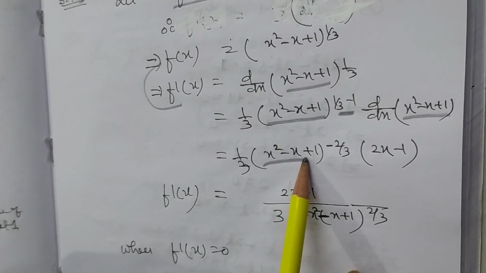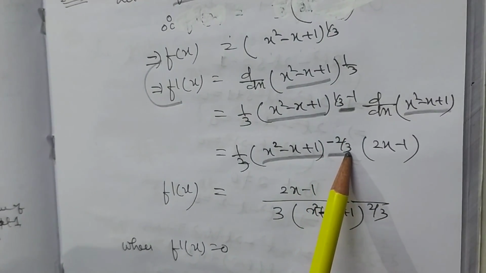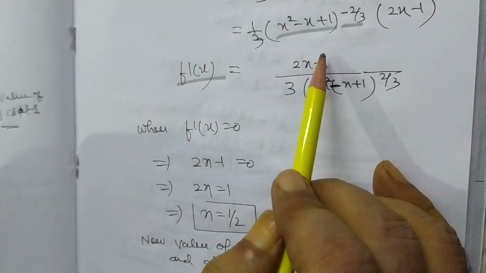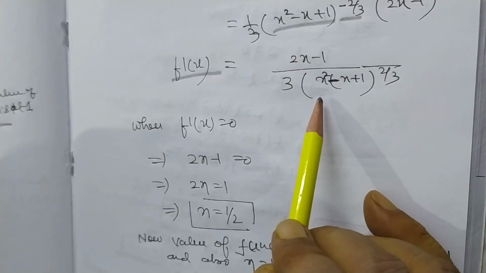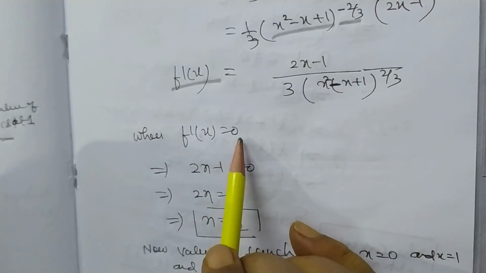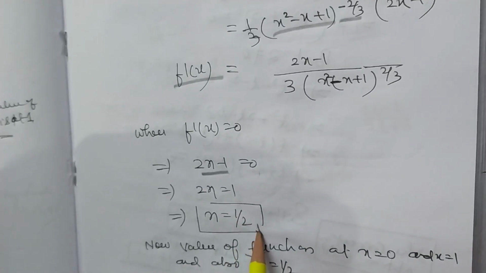So it is 1 by 3 (x square minus x plus 1) to the power minus 2 by 3, into (2x minus 1). So f dash x is equal to (2x minus 1) by 3 into (x square minus x plus 1) to the power 2 by 3. When f dash x is equal to 0, 2x minus 1 is equal to 0, x is equal to 1 by 2.